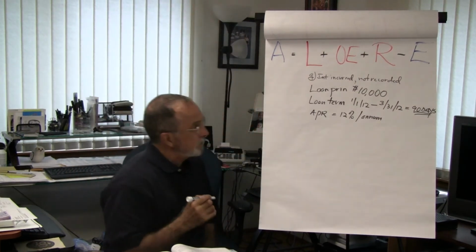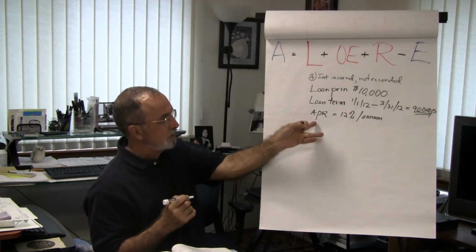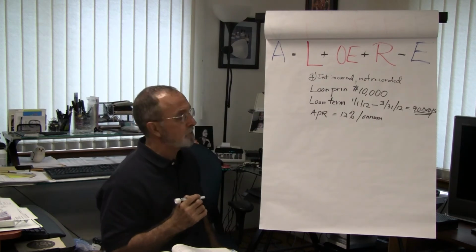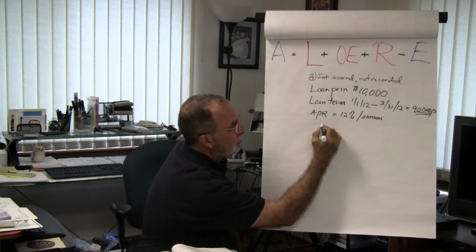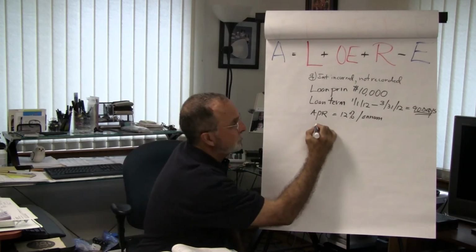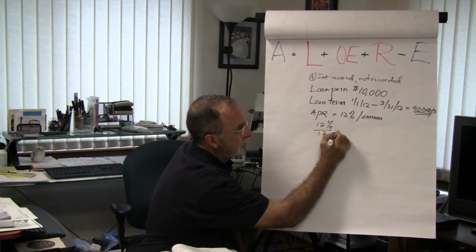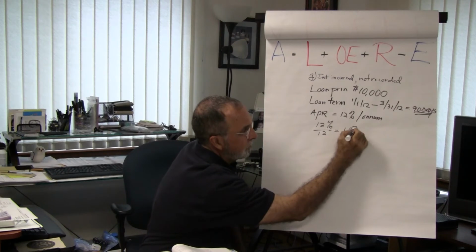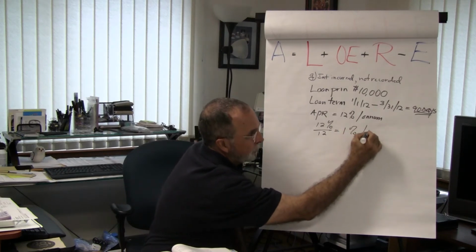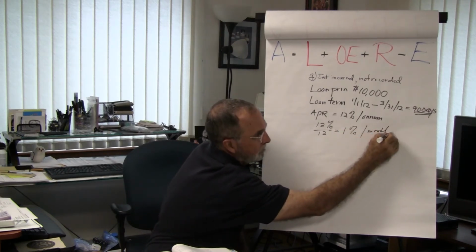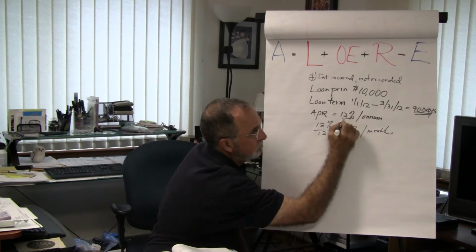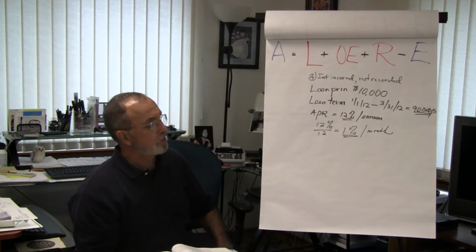So if we're using 12% per annum as an interest rate, our monthly interest will be 12% divided by 12 months, or 1% per month. That makes our calculation a little easier.